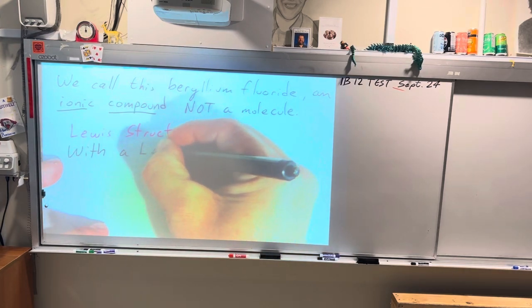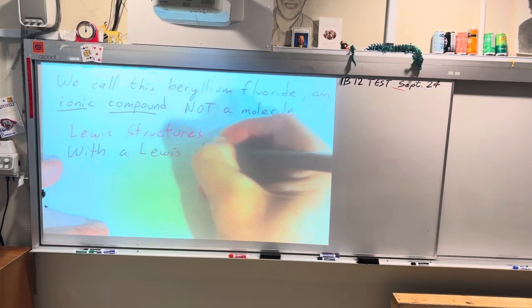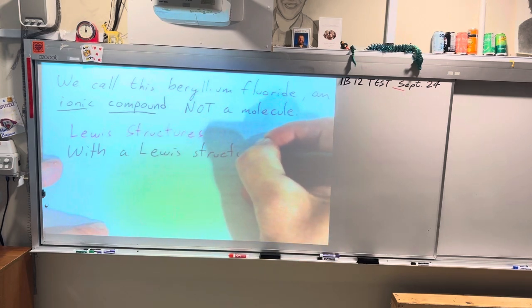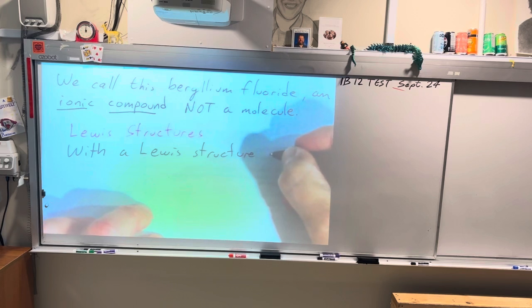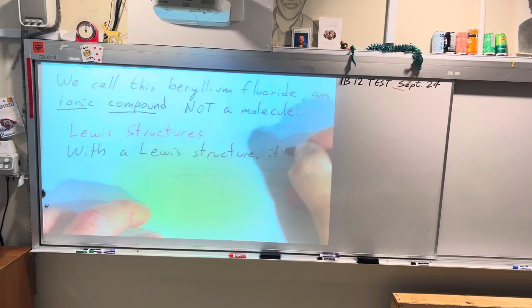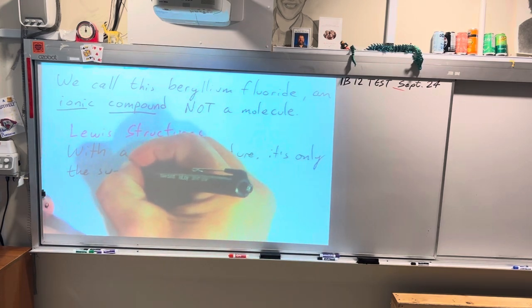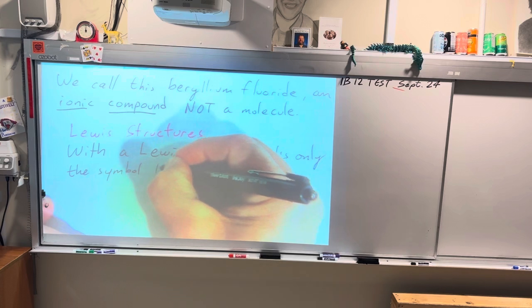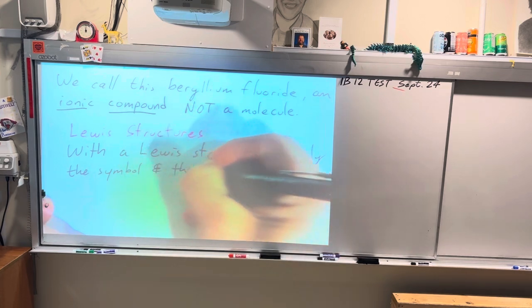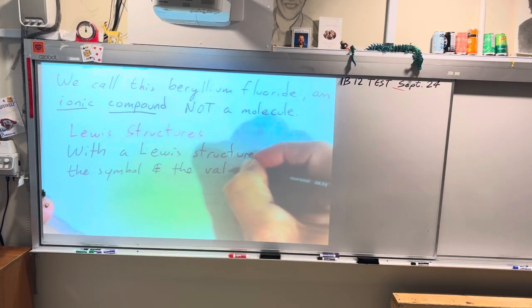So with a Lewis structure, it's only the symbol and the valence electrons.